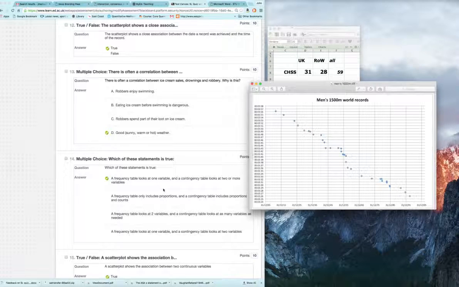A frequency table looks at one variable, and a contingency table looks at two or more variables. You can have as many layers as you like in a contingency table, so it is possible to show 3, 4, or 5 variables. Much more than that, and the table gets really a bit complicated and difficult to understand.